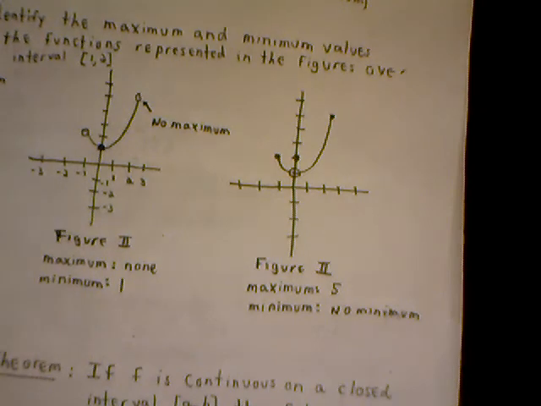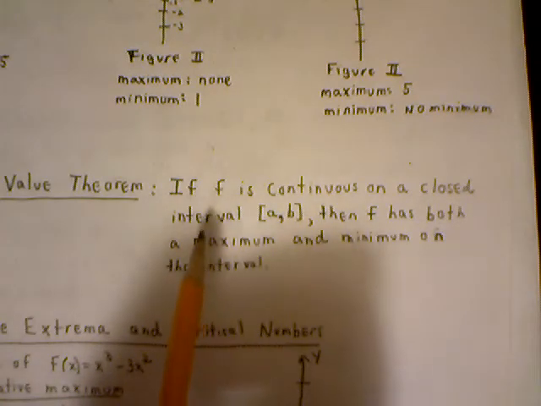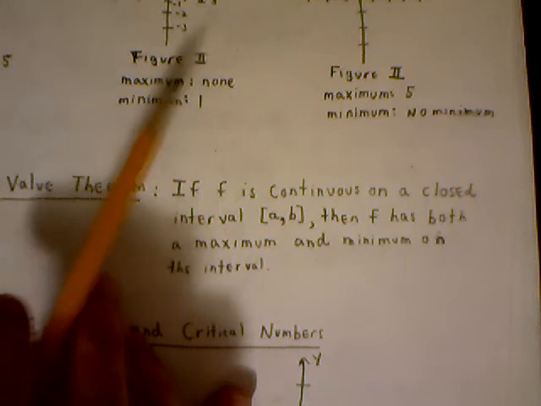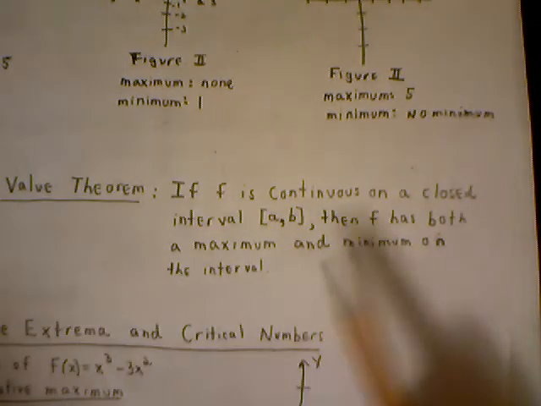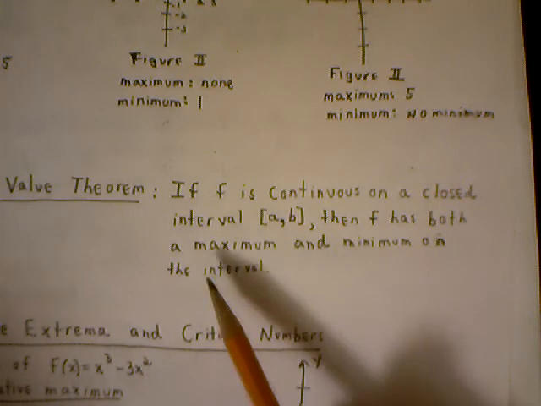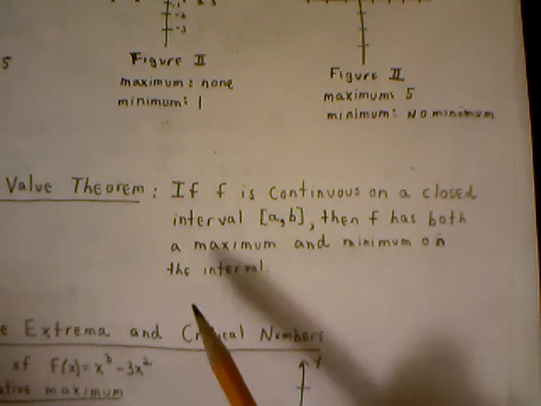Let's keep going. Now, the extreme value theorem has to do with this idea. If f is continuous on a closed interval [a, b], then f has both a maximum and minimum on the interval.